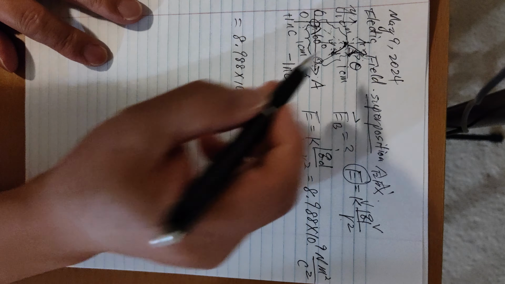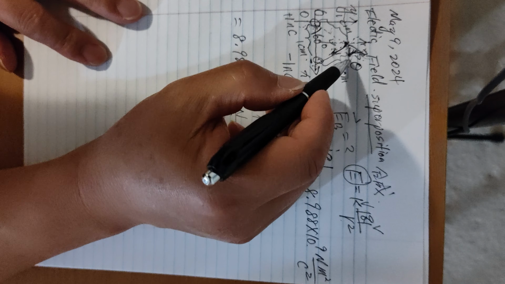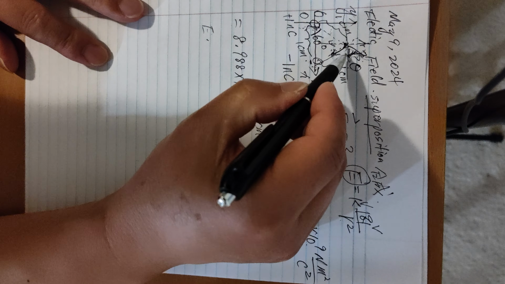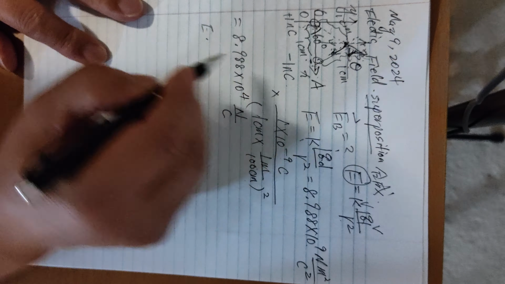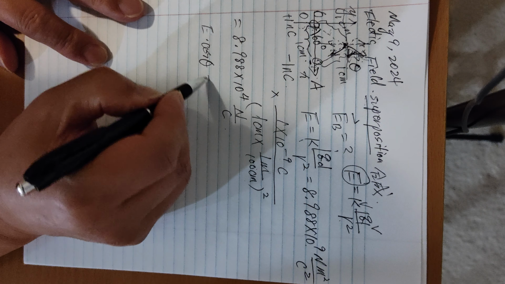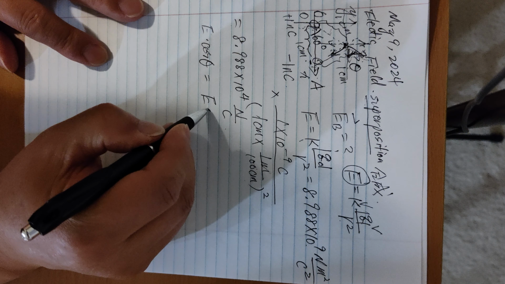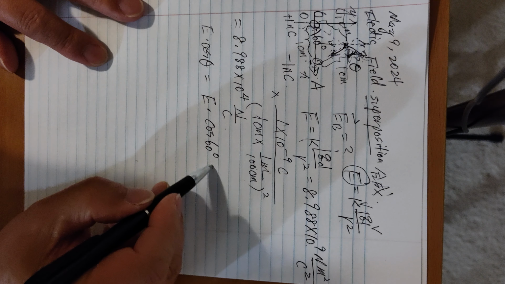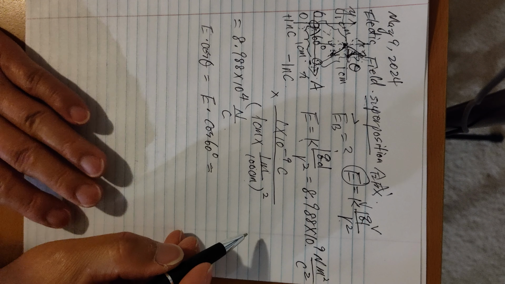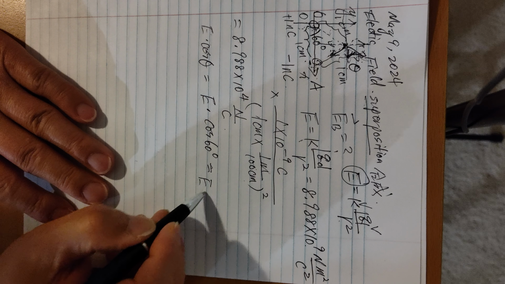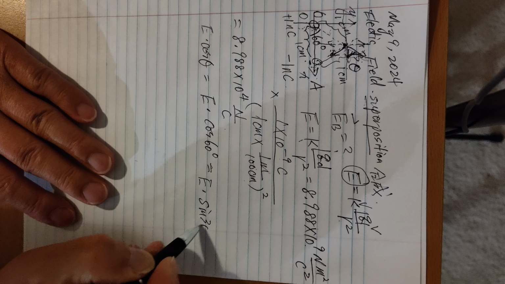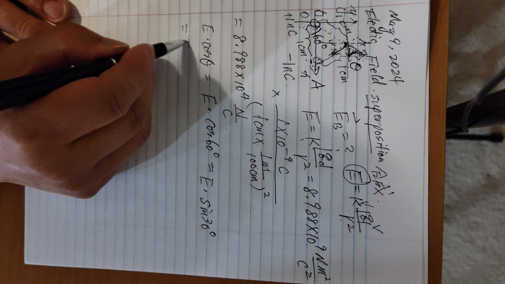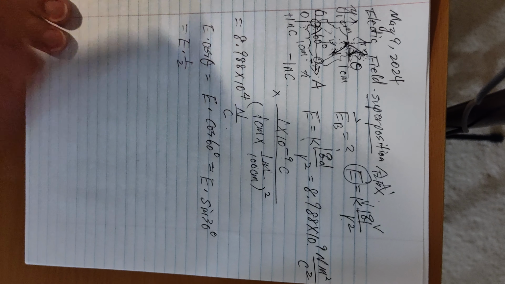So we try to get one component over there. That one component is going to be E times the x component, which is cosine theta. It will be E times cosine 60 degrees. Using the trig identity, that will be E times sine 30 degrees, which is equivalent to E times one half.